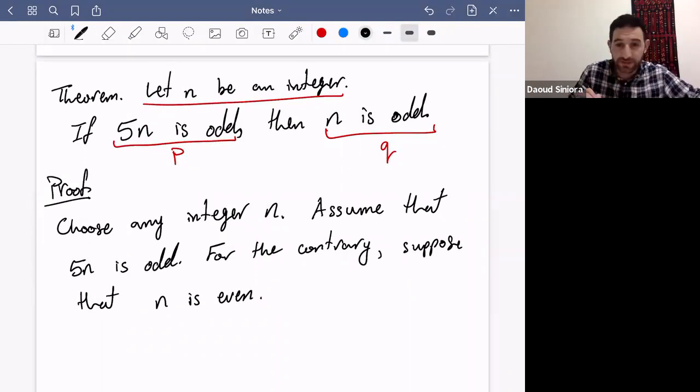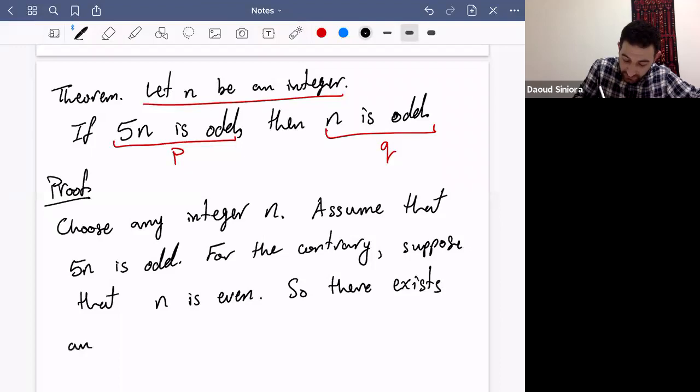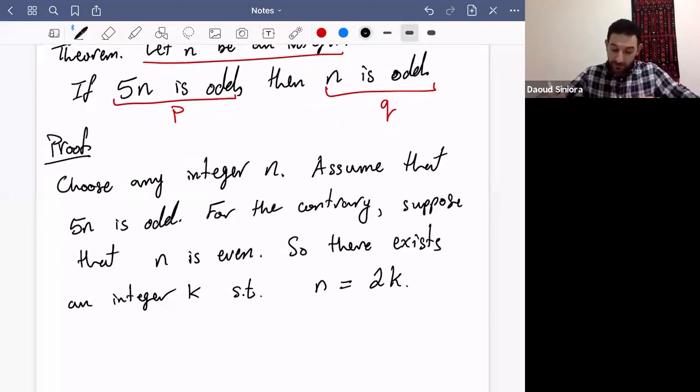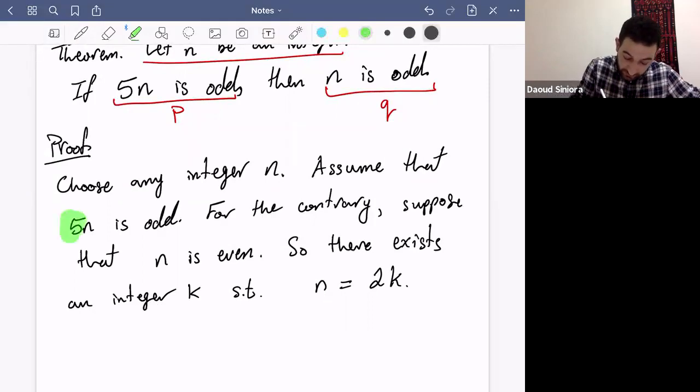So what does it mean n is even? There exists an integer k such that n is equal to twice k. Now we want to get a contradiction. One statement we have which we can contradict is that 5n is odd.